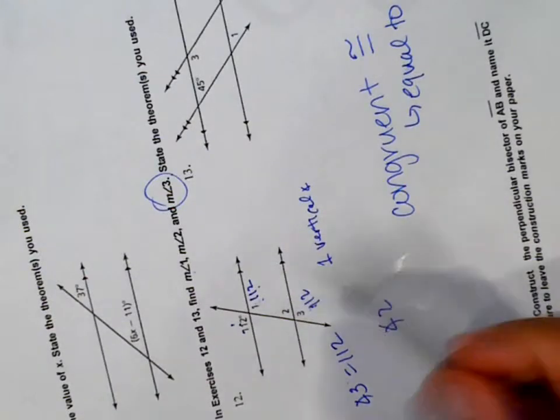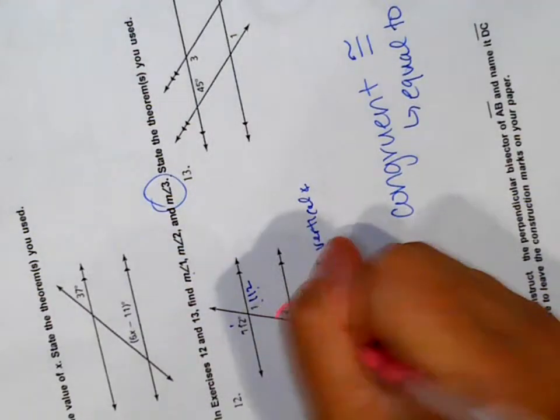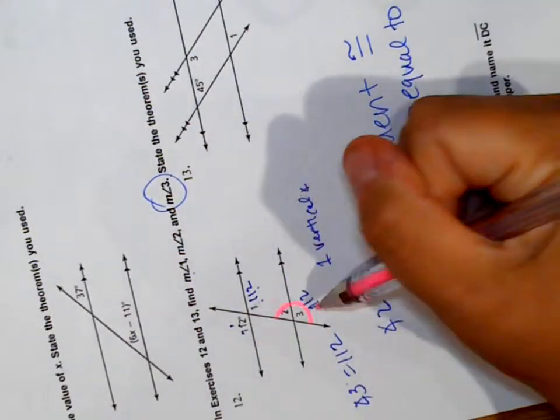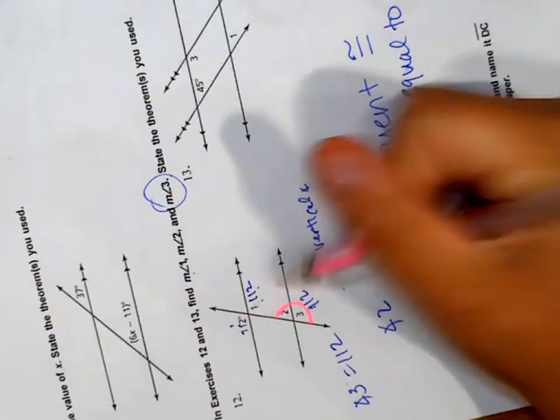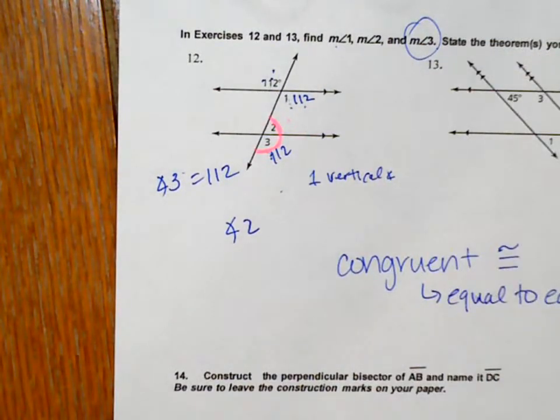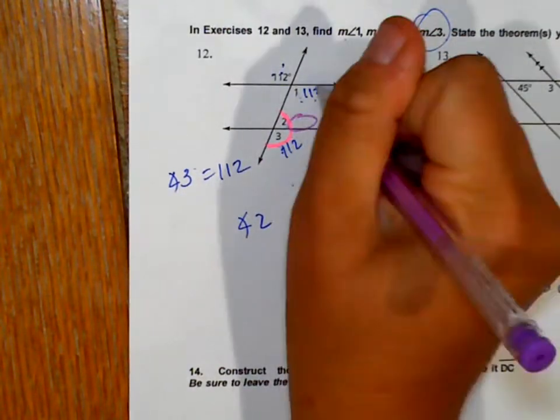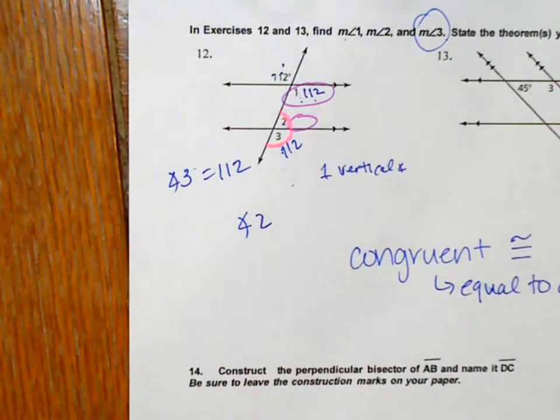If I turn it this way, do you guys see that right here I have a linear pair? So I can just go 180 minus 112 to get this one. I also have same side interior angles right here, which have to equal 180.